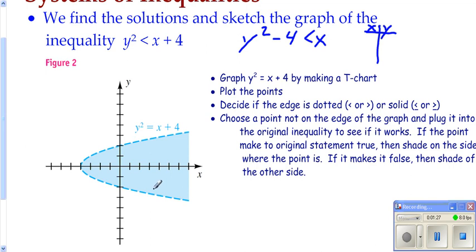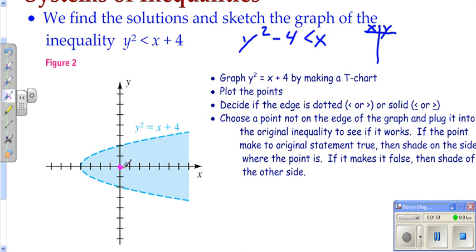Well, after you do that, you want to go ahead and choose a point. The point that I like to try is the origin because it's 0, 0, and that's easy to work with. The only time you cannot choose the origin is if the boundary curve goes through that point.